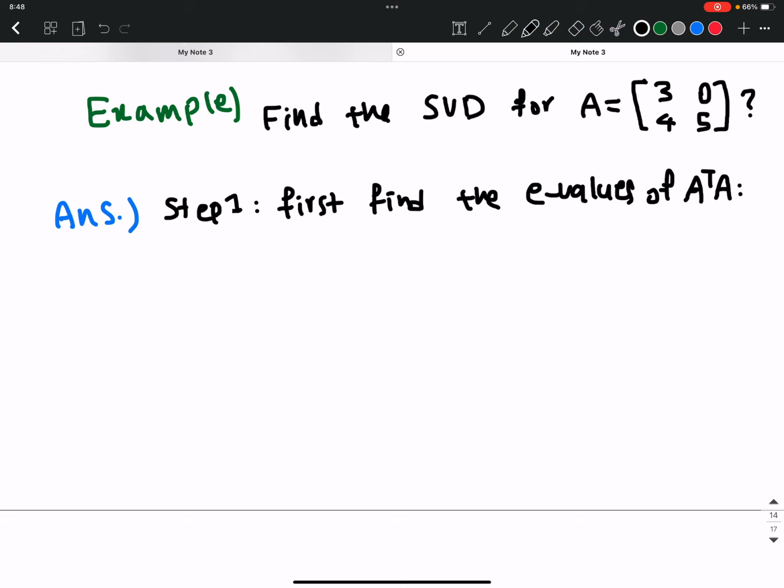So let's solve that. So A transpose A, what is that?